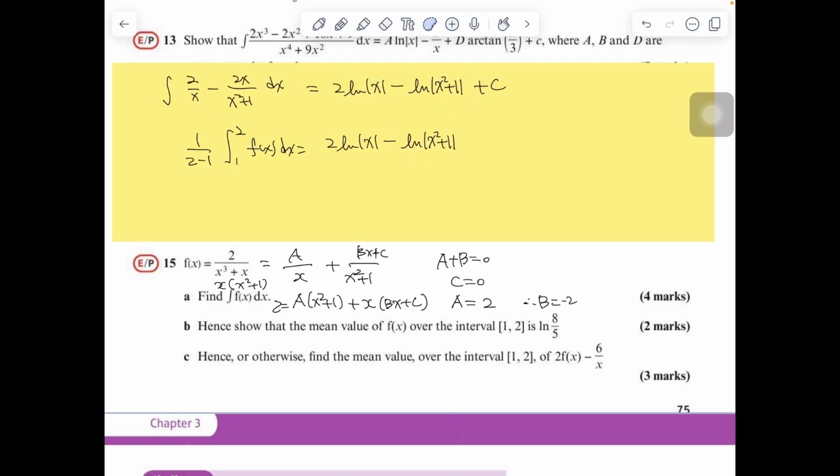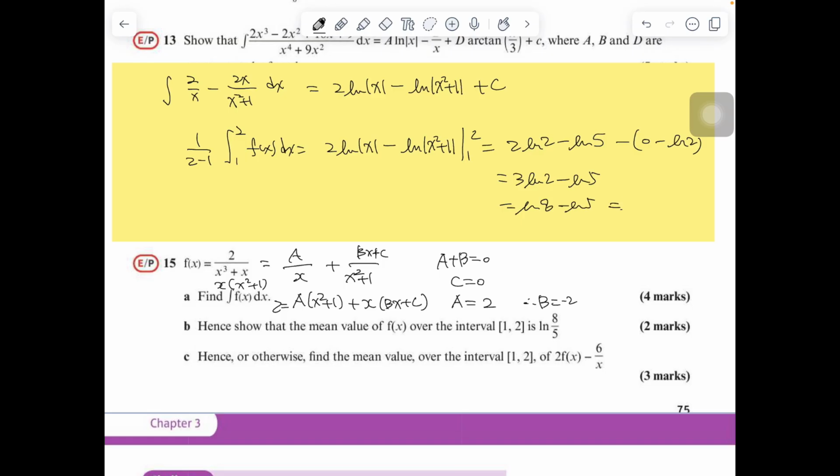With limits 1 and 2: 2 ln 2 minus ln 5 minus 2 ln 1, which is 0, minus ln 2. So 3 ln 2 minus ln 5, ln 8 minus ln 5, so ln of 8 over 5.